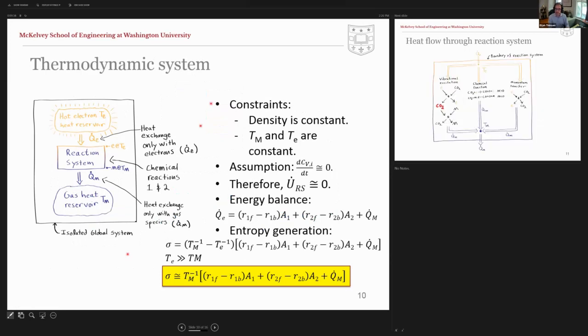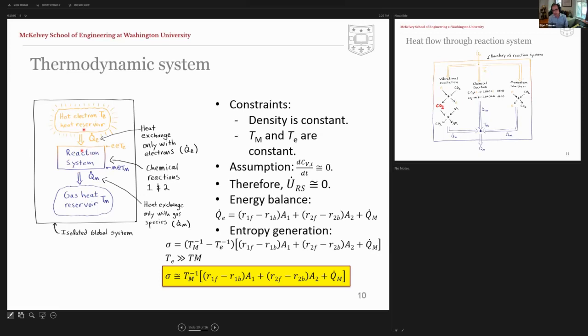Okay, so now we need to calculate an entropy production. And so to do that, we need to define a thermodynamic system. And so we conceive of this system in the following way. There's a high temperature thermal reservoir and a low temperature thermal reservoir, and heat flows from the high temperature to the low temperature through the reaction system. The high temperature reservoir interacts only with those very hot electrons.